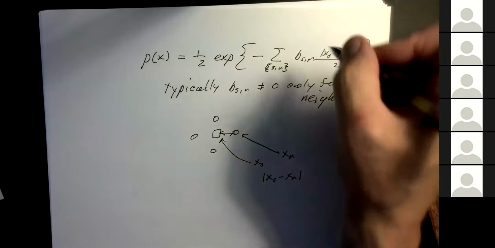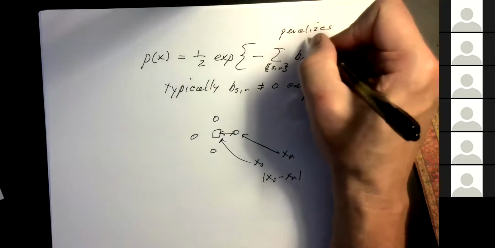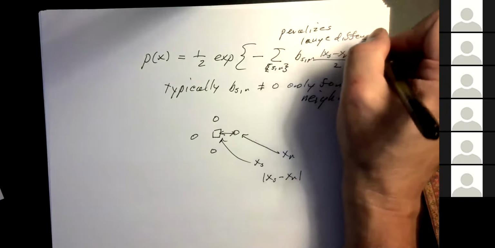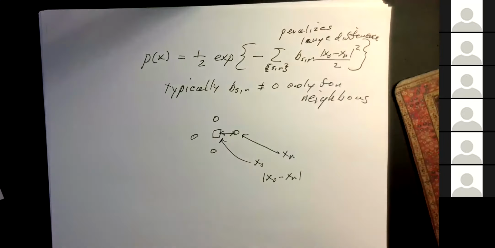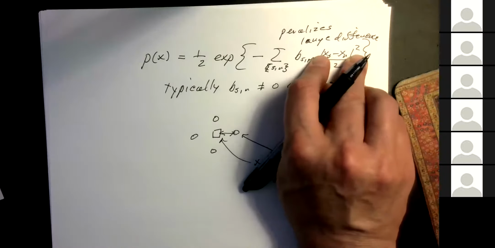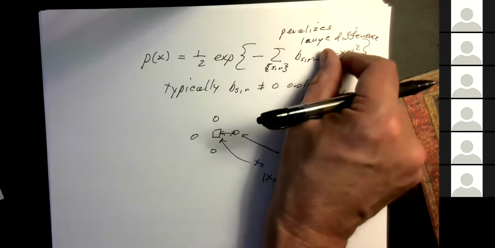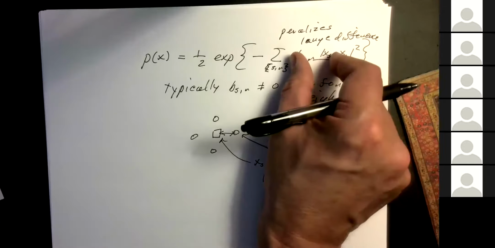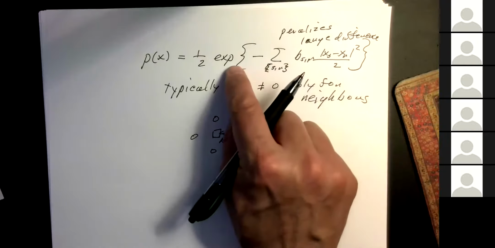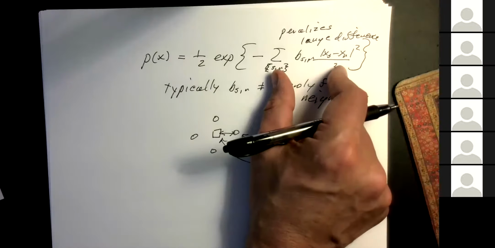This term penalizes large differences between neighbors. If the neighboring pixels have very different values, this applies a very large penalty, because as that difference becomes larger, and the B's are typically positive, this quantity becomes large, so the probability becomes smaller. So this penalizes large differences between pixels.